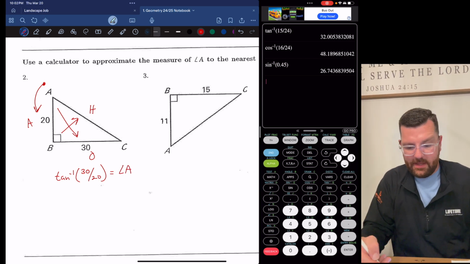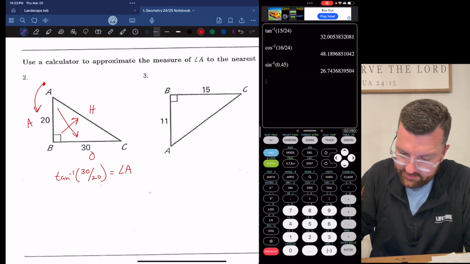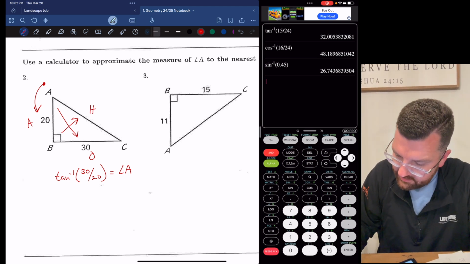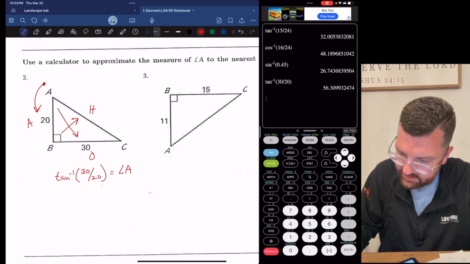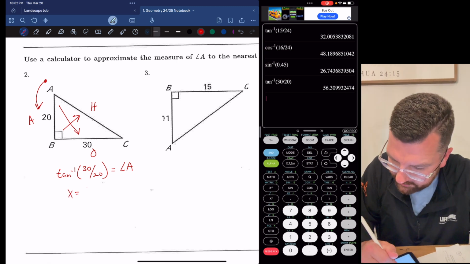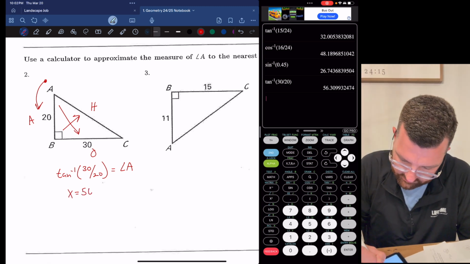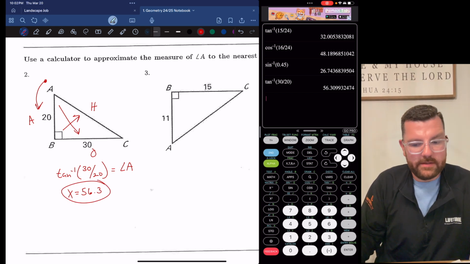Sometimes we put X. I know that we're looking for angle A, so I'm going to leave it as angle A. And then I come to my calculator. Second, tan, 30 divided by 20, close parentheses, and there's that angle. X equals, I'm rounding it one place, 56.3. Done. That's easy.